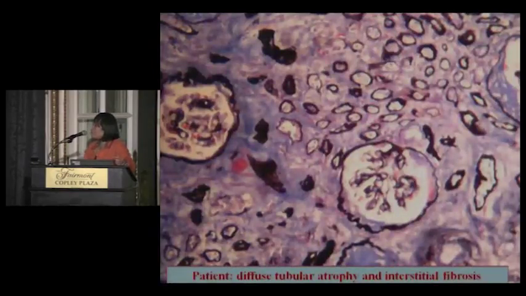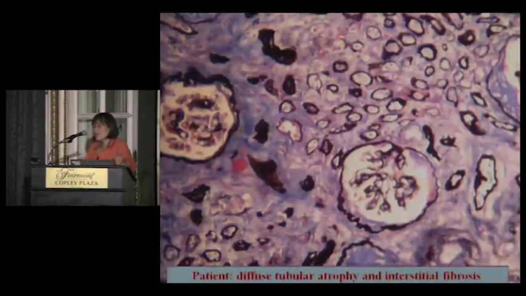She underwent kidney biopsy, and this is the biopsy pattern. It shows tremendous tubular atrophy, very severe interstitial fibrosis, and literally no interstitial infiltrate, or we call it hypocellularity. However, her glomeruli look relatively spared. Okay, so this is the pattern.